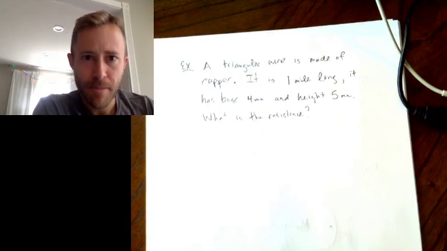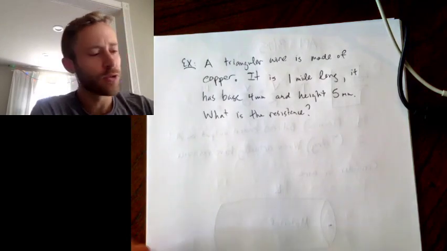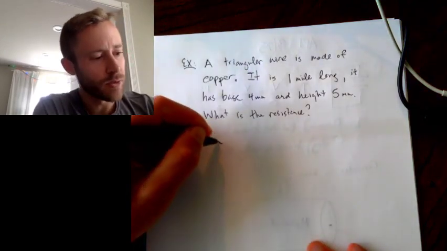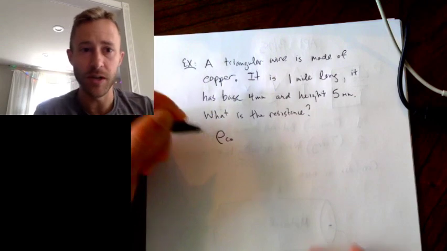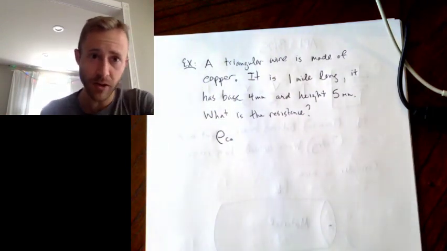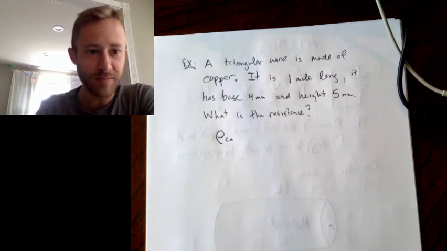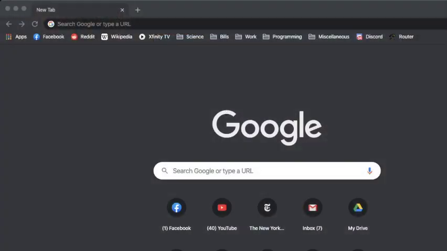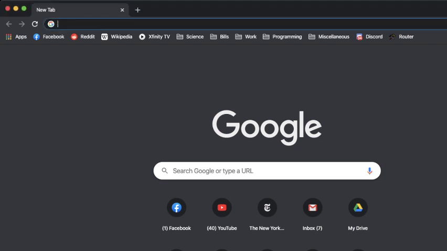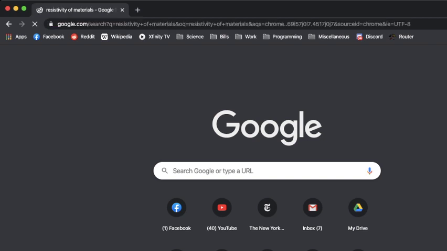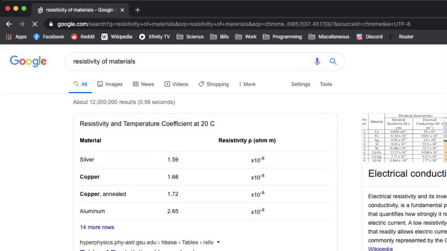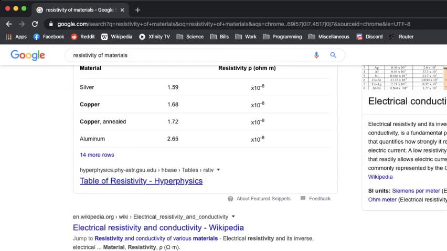Okay. So first of all, I better look up the resistivity of copper. You would never have to memorize this. You would just look it up. Okay. So I'm going to change the scene and look up resistivity of materials. Oh, look at that. First result, table of resistivity.